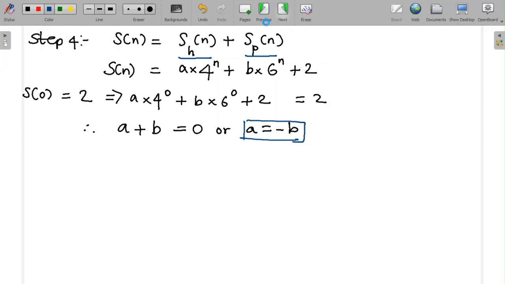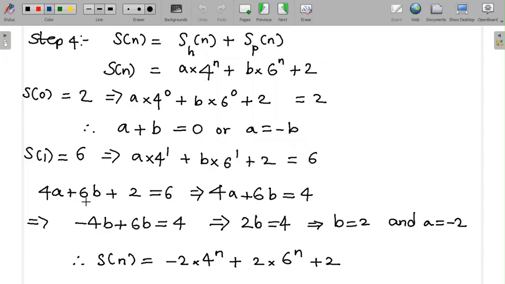Further, if we have n equal to 1, then S of 1 becomes 6. So a times 4 power 1 plus b times 6 power 1 plus 2 is equal to 6. Or in other words, 4a plus 6b plus 2 is 6, or 4a plus 6b is 4. We already know that a is equal to negative b. Substituting, we see that b is 2 and a is negative 2.